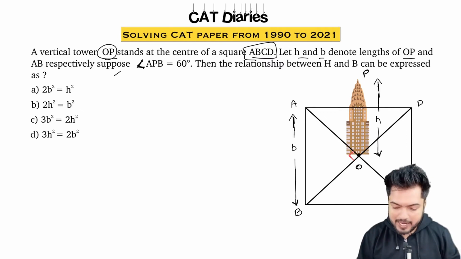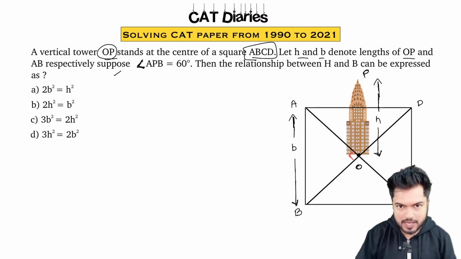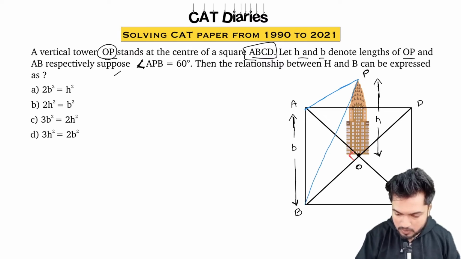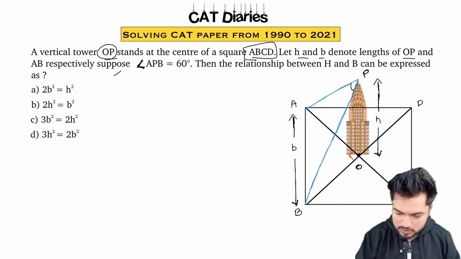What else? Angle APB. Now imagine what this is. This is where you can get it wrong. Angle APB means this bottom corner of the square, A, is connected to the top of the tower like this. And then the top of the tower is connected to the second corner of the square, that is B, and this angle is equal to 60 degree.